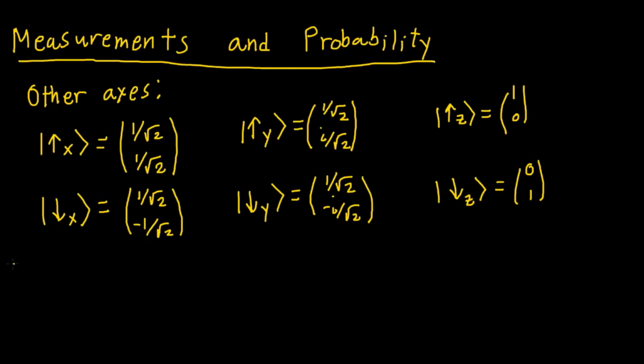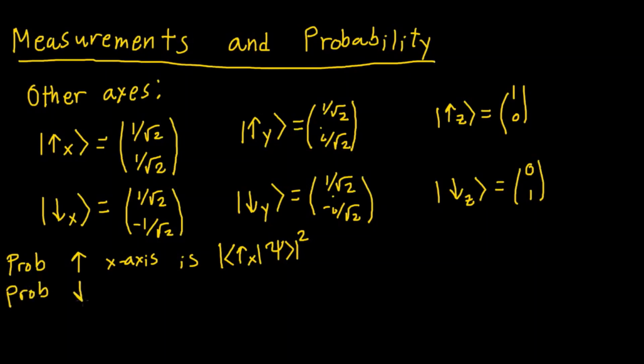So the probability that you measure spin up along the x-axis is just the absolute value of the inner product of the spin up state along the x-axis with psi squared. Likewise, the probability that you measure spin down along the x-axis is the same thing, but you got to use the spin down vector along the x-axis instead.